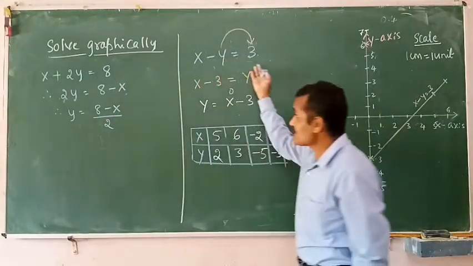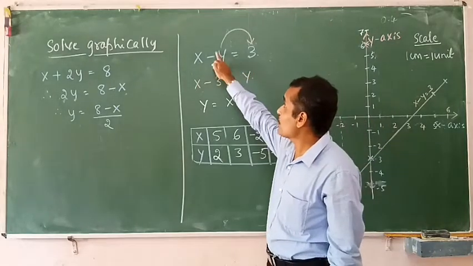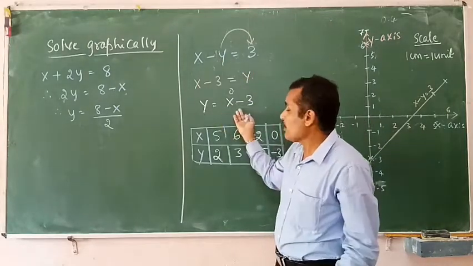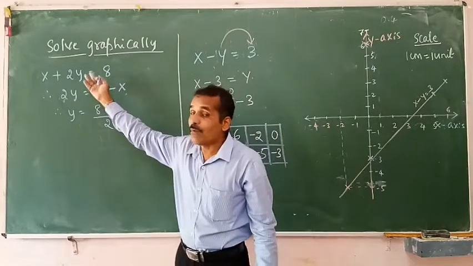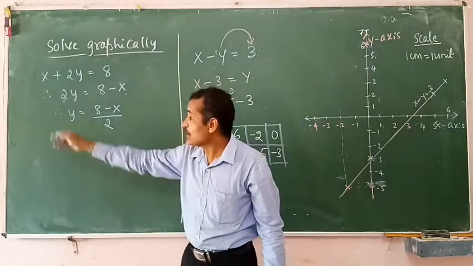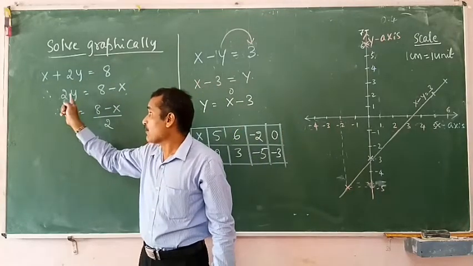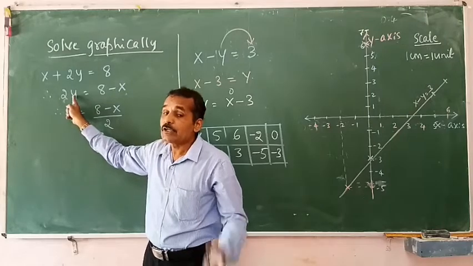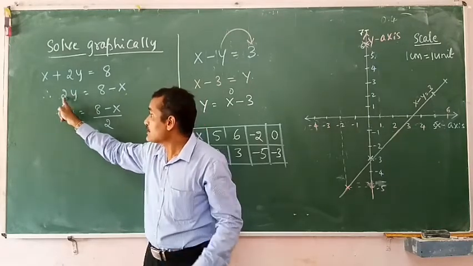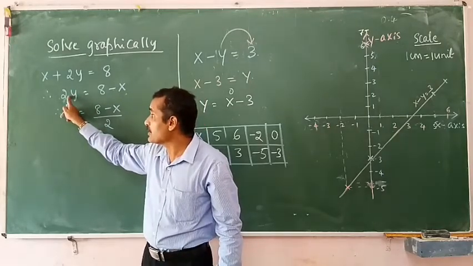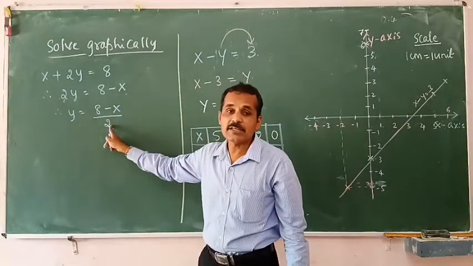In my earlier case, y was having coefficient 1, so the problem was not arising. Now y is having coefficient 2, so it was 2y. But I want only y in the LHS. 2 has to be taken out. So this was a multiplication operation here, so it will come as a division here.